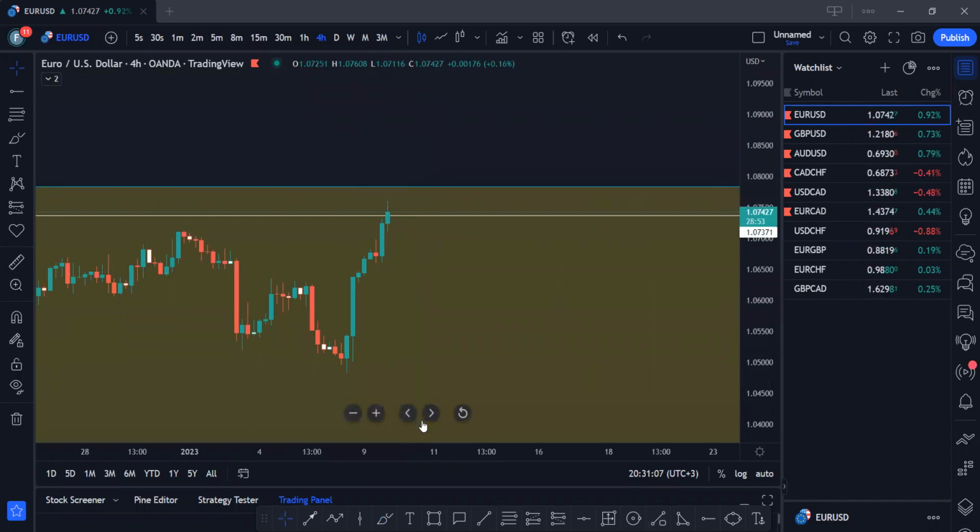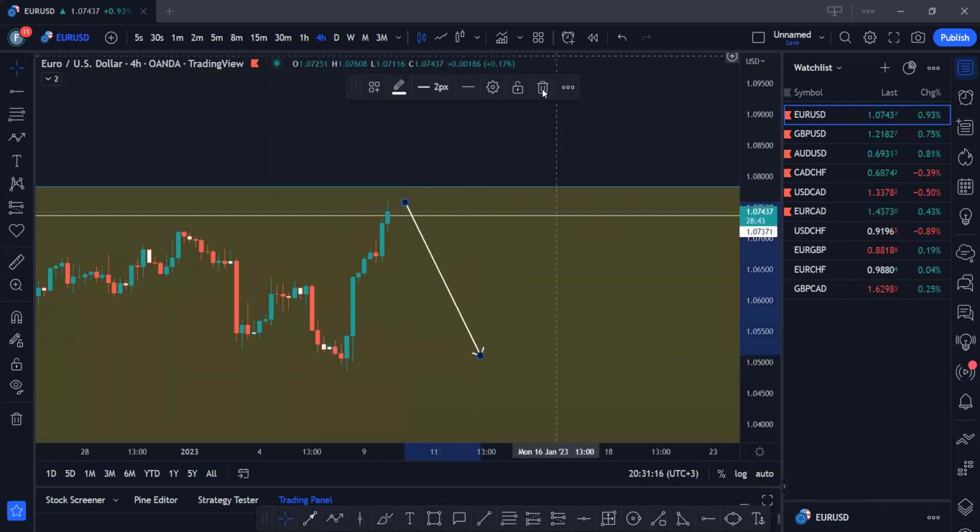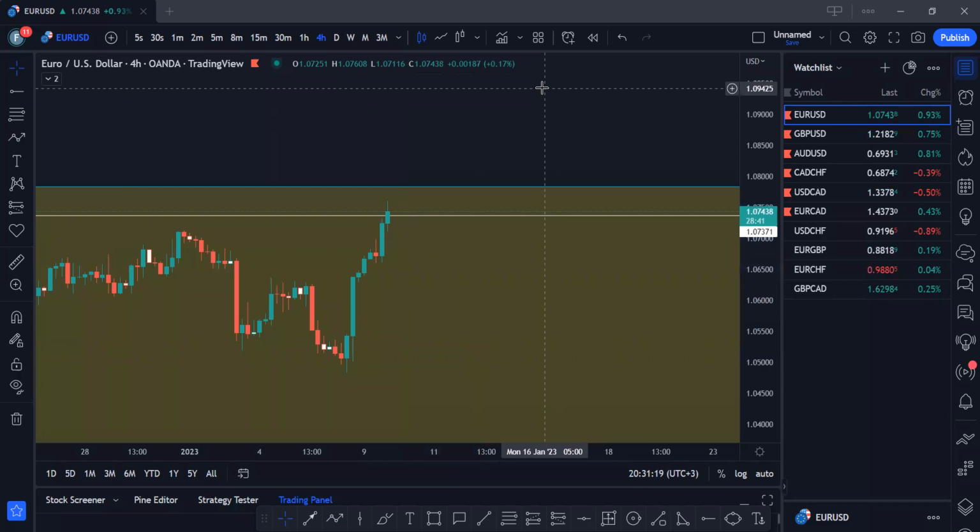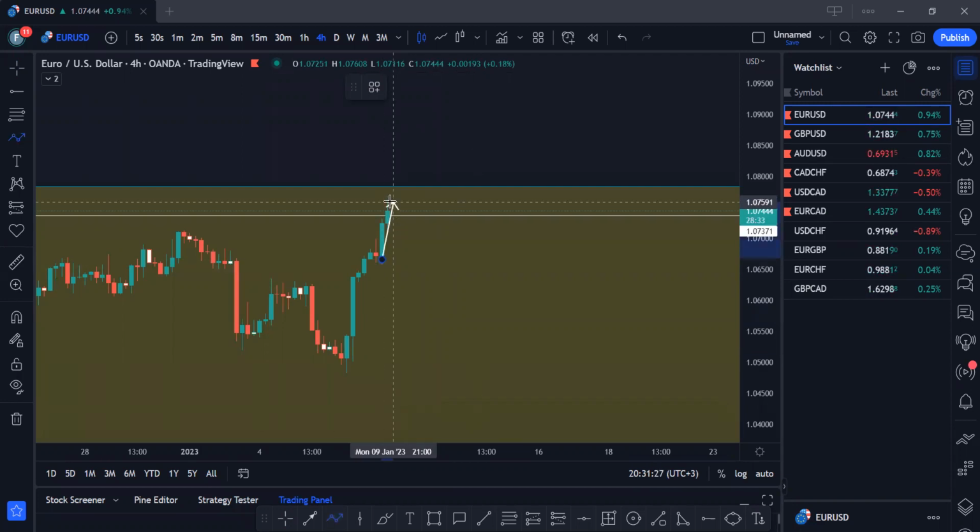Okay, so possibly if price will remain in this zone, we should see a possible order flow shift. If price will drop in this zone for a sell, what we should be expecting on Euro USD in terms of structure is a standard order flow shift, something like this. You might see a retracement like this, price coming as high as this.